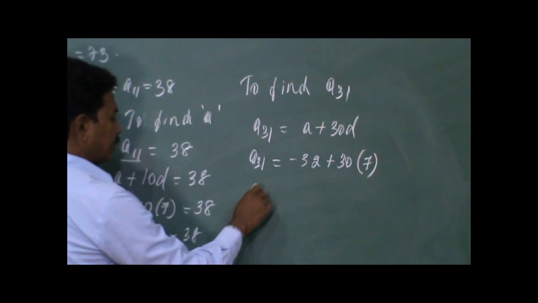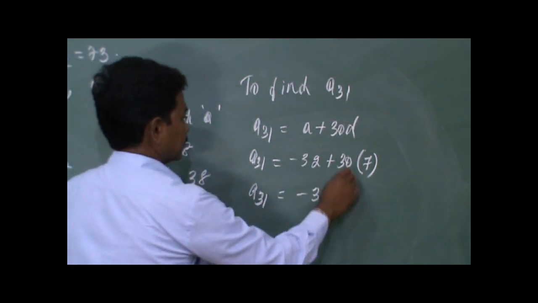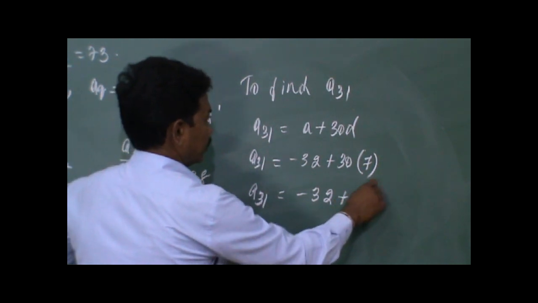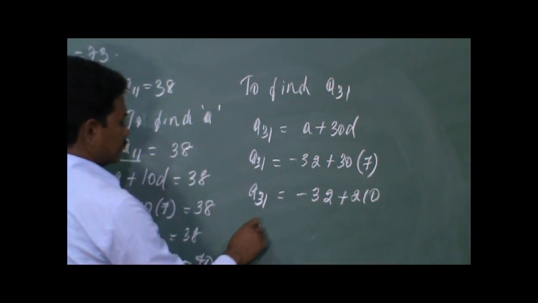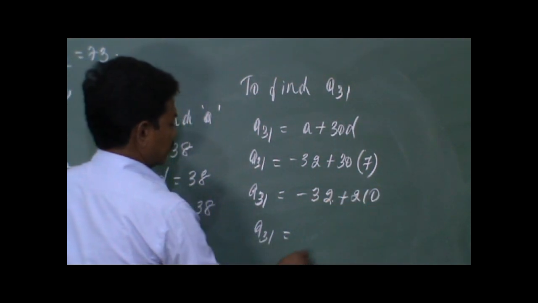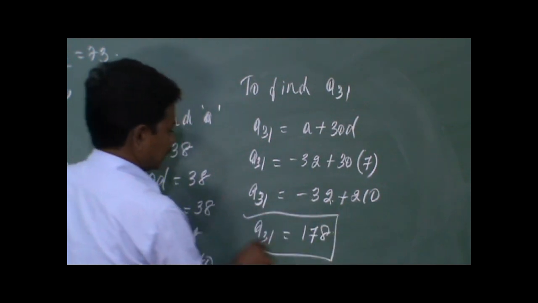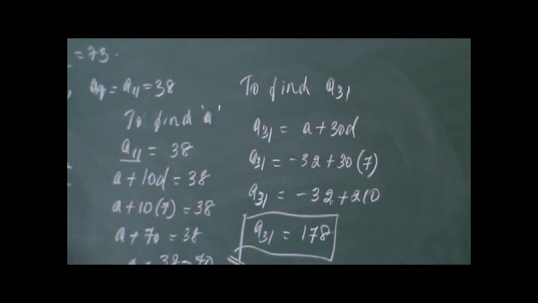So A31 is equal to minus 32 plus 210. So A31 is equal to 210 minus 32, which is 178. So A31 is 178. This problem will be for 2 marks.